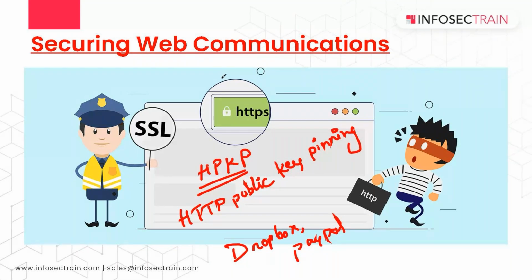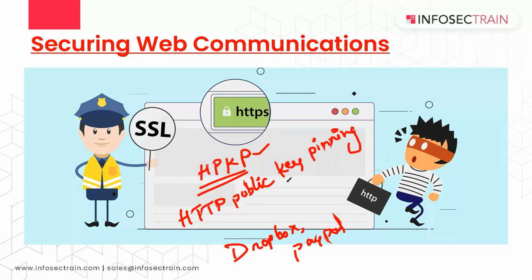HPKP is just a measure we use to prevent man in the middle attacks, by pinning a particular site's public key. But when we talk about PKI, it gives us a digital certificate and allows a secure exchange of information over the network.